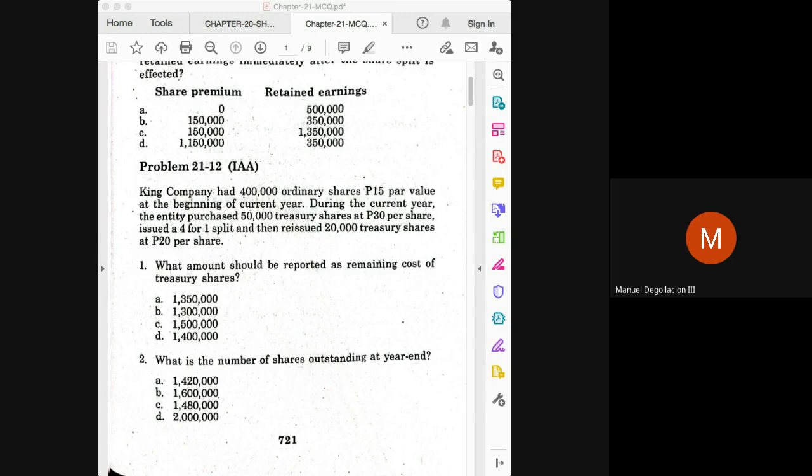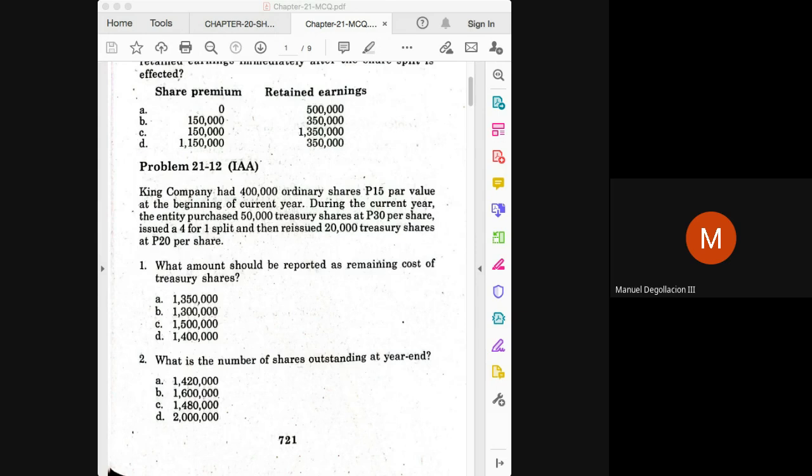Okay, so if the 1,500,000 is now good for 200,000 shares, that means per treasury share, there will be an assigned cost of 7.5, or simply the 30 pesos per share divided by 4.